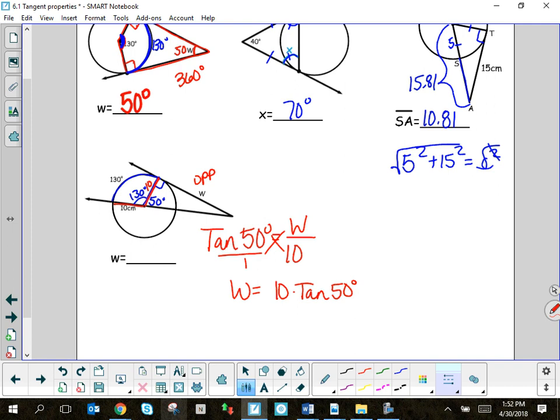I need to get my calculator so I can see what that measure is. 10 times tangent of 50 is 11.918. And that'll be the length of W. So W always goes from the point of tangency to right there. All right, and that's it for today.